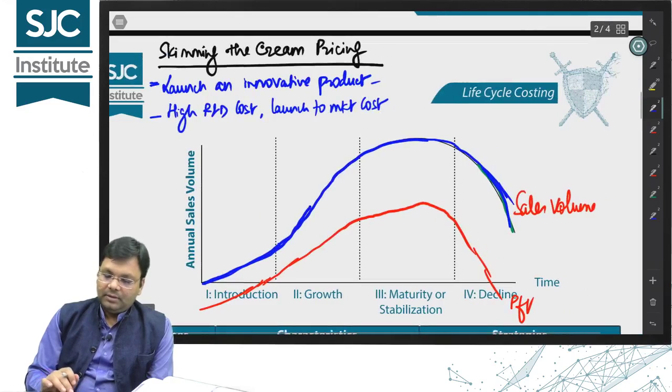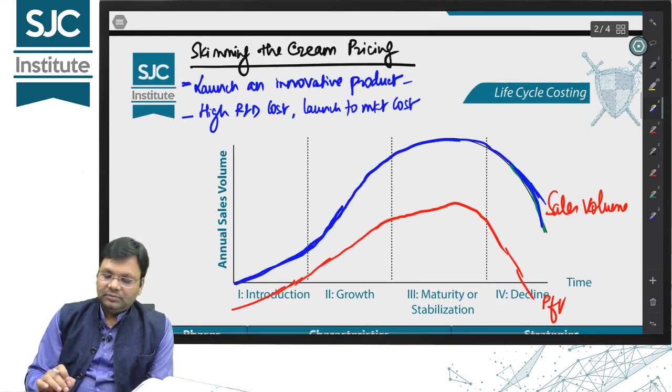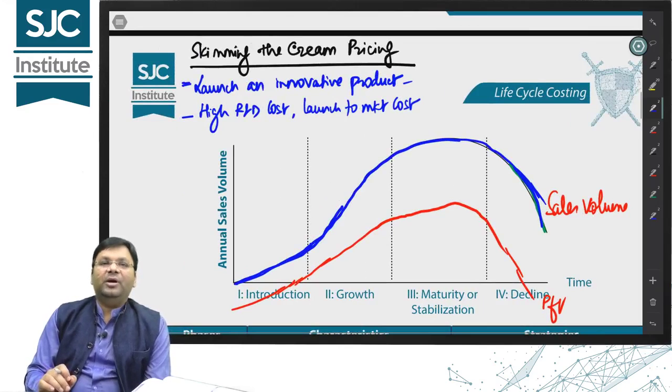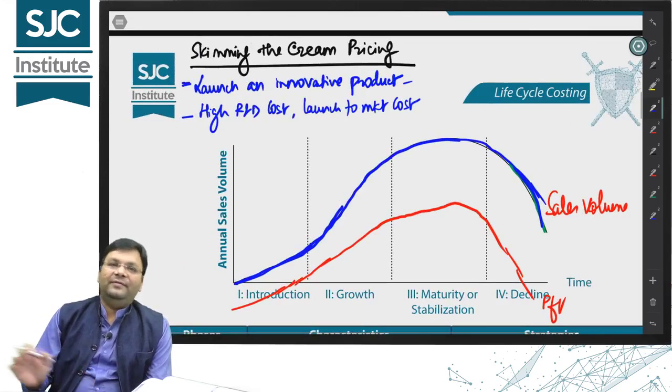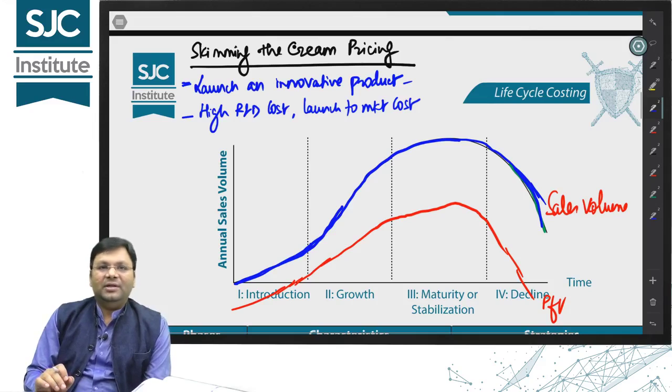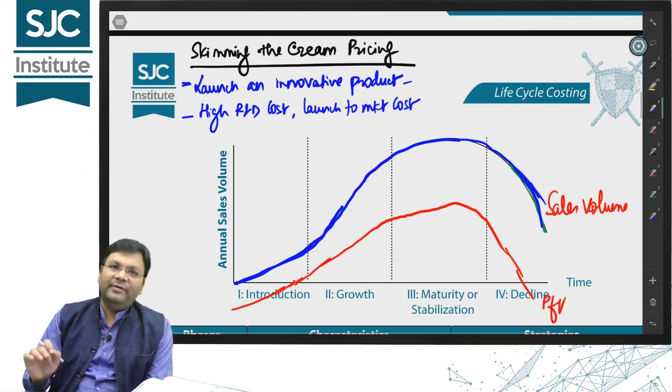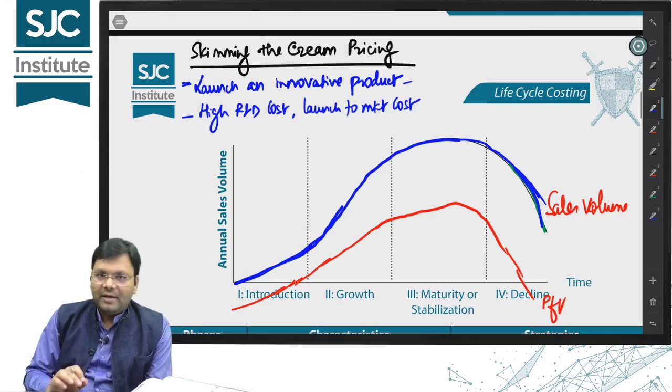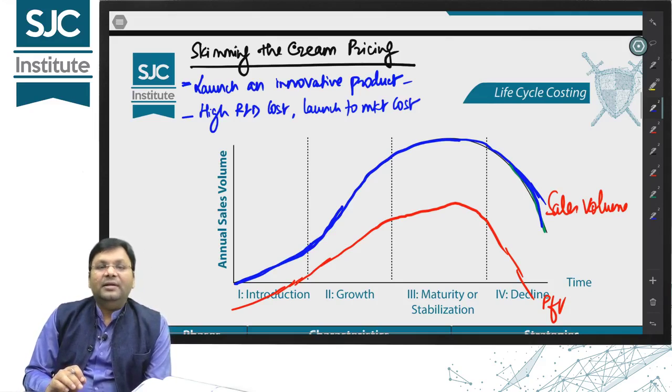Okay, so this cost is usually supposed to be apportioned over the entire life of the product, that means over the entire production that we will do over the life. But who is going to wait so long? If the product dies before then, this cost would never be recovered.